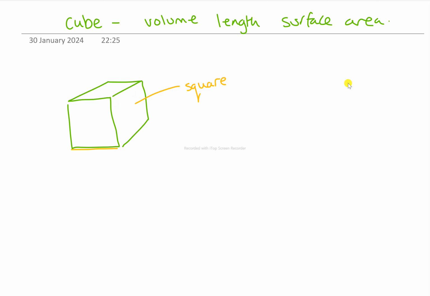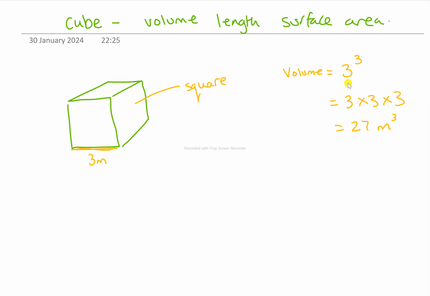Each of these edges is the same length. So if I said to you this is 3 meters, what is the volume? All you do is take this 3 and cube it. What does that mean? 3 times 3 times 3. 27, and then meters cubed.